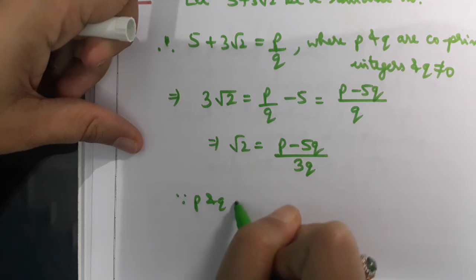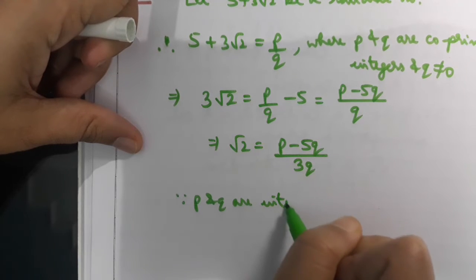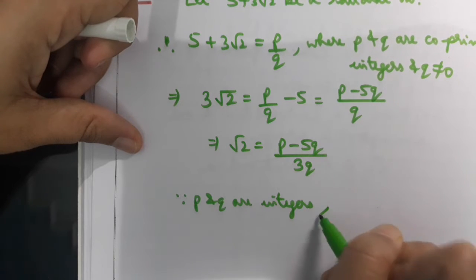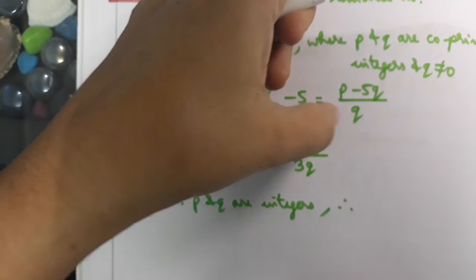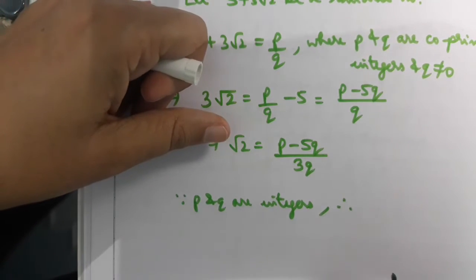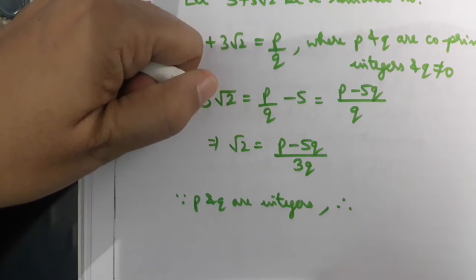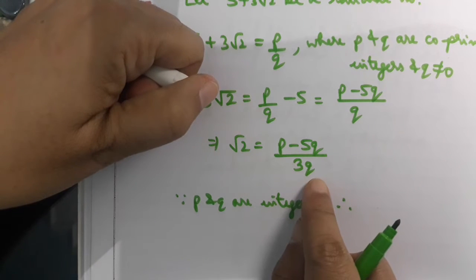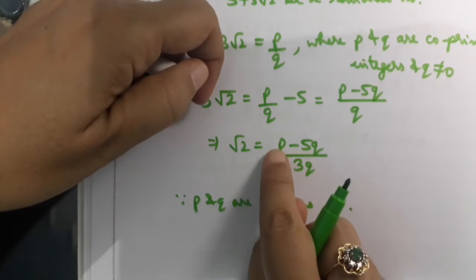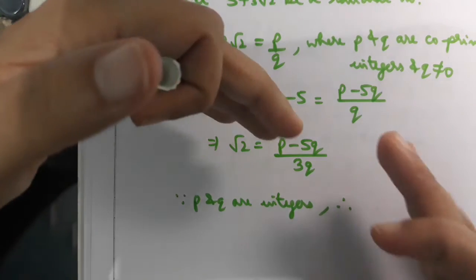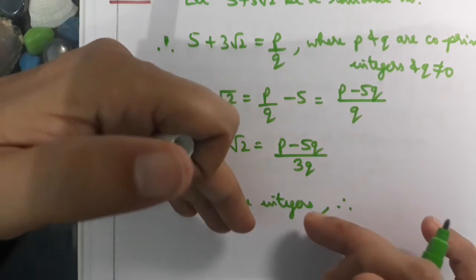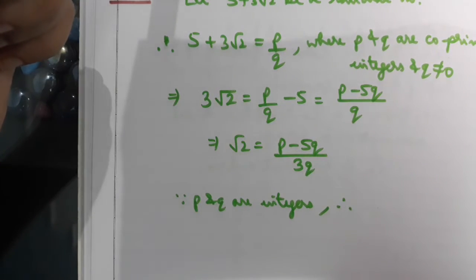Now since p and q are integers, if q is an integer, 5 into q will also be an integer. If I take q equal to 10, 5 into 10 would be 50. It is also an integer. 3 into q will also be an integer. Now integer minus integer is also an integer. So the numerator is also integer, denominator is also integer.